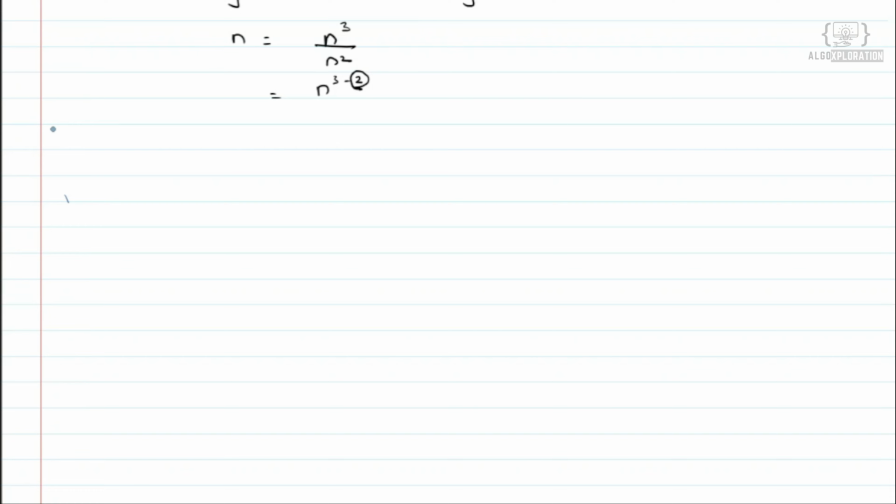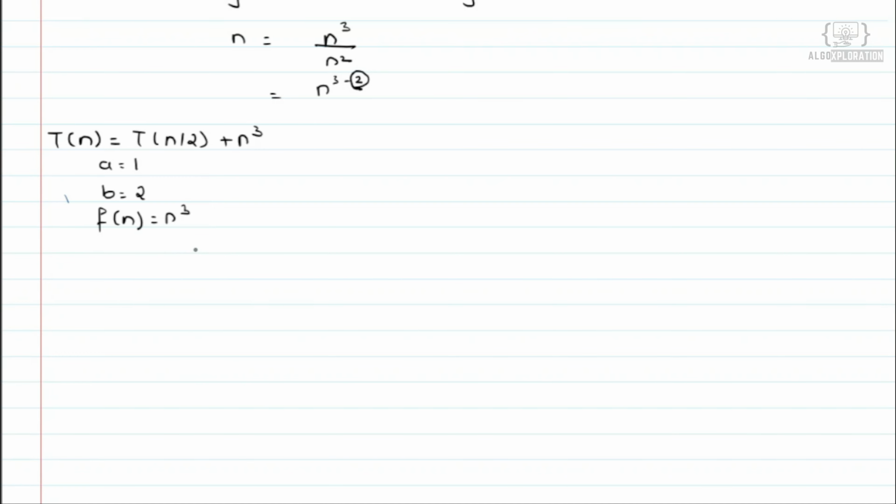So now let's take the third example. T of n is equal to T of n by 2 plus n cube. Now the value of a is 1, the value of b is 2, and f of n is n cube.